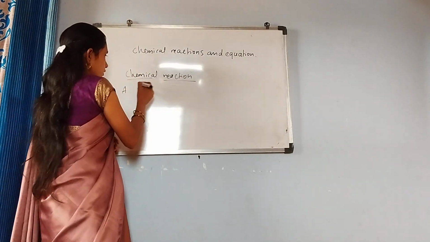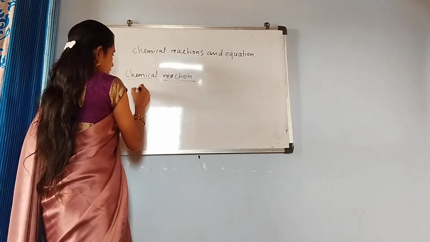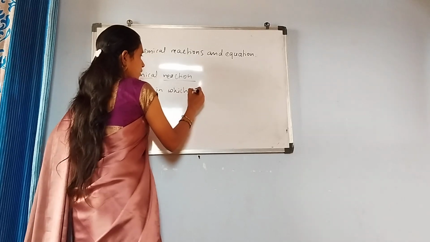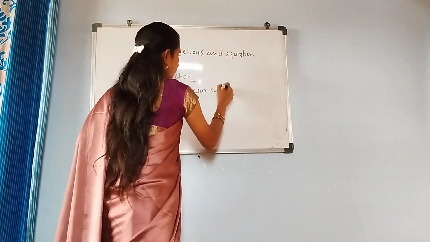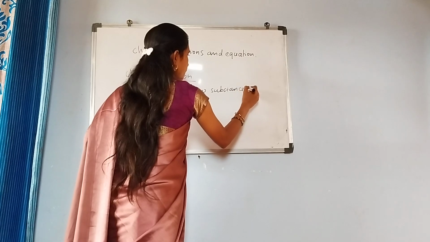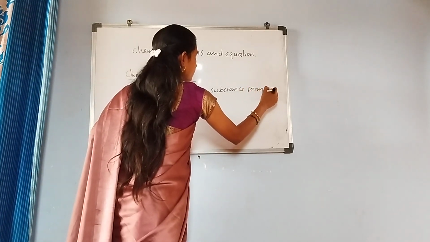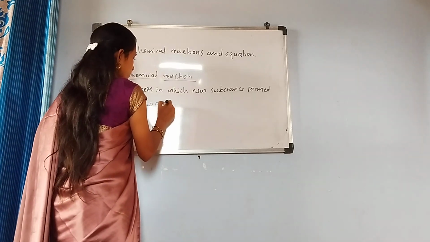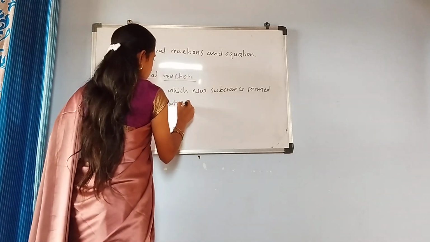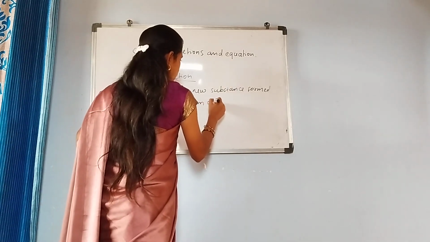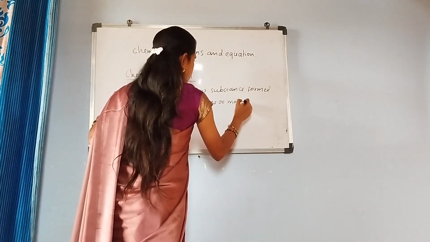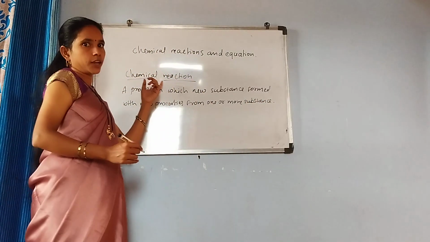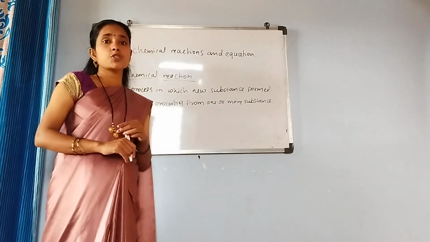A process, in which new substance is formed with the new properties from one or more substances is called a chemical reaction. The best example we can take is the formation of curd from milk.